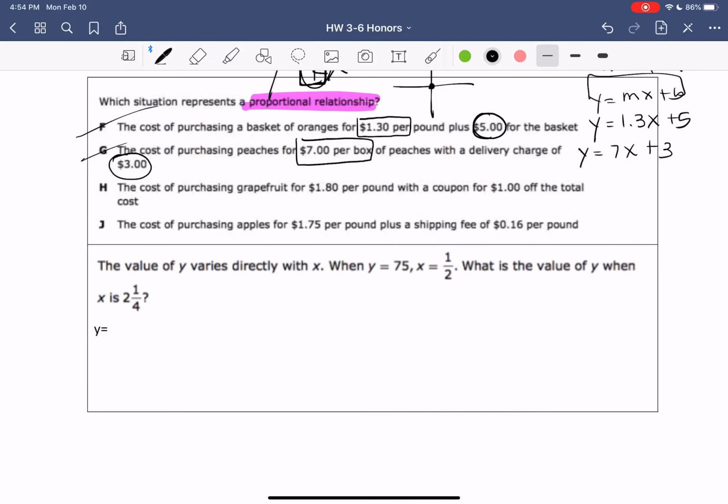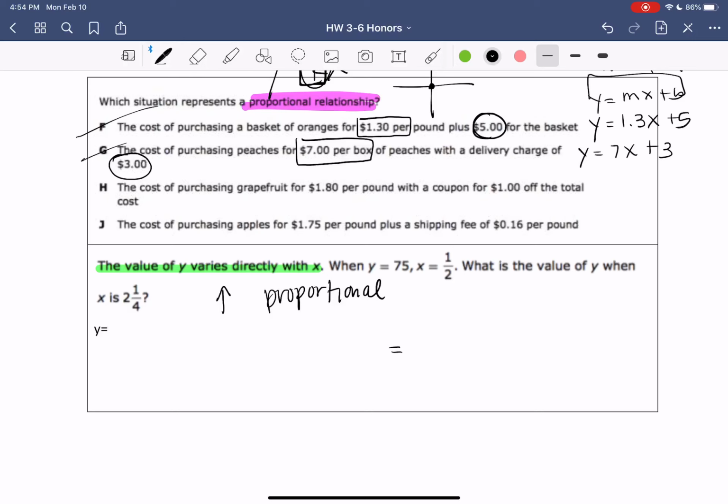Okay, the value of y varies directly with x. When y equals 75, x equals 1/2. What is the value of y when x equals 2 1/4? Our green light here, the value of y varies directly with x, is our green light to set up a proportion, meaning it's a proportional relationship.